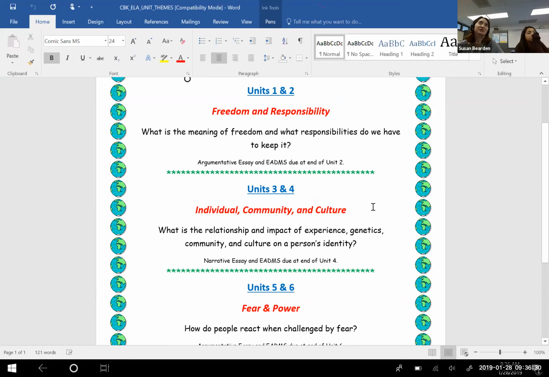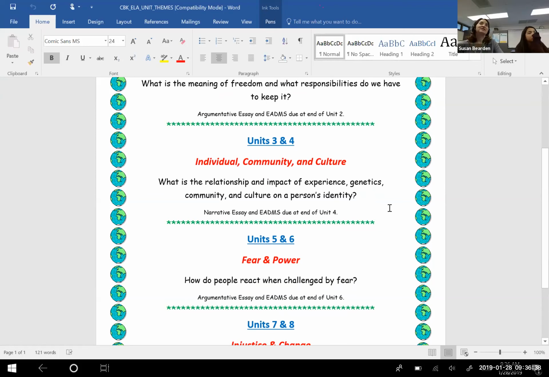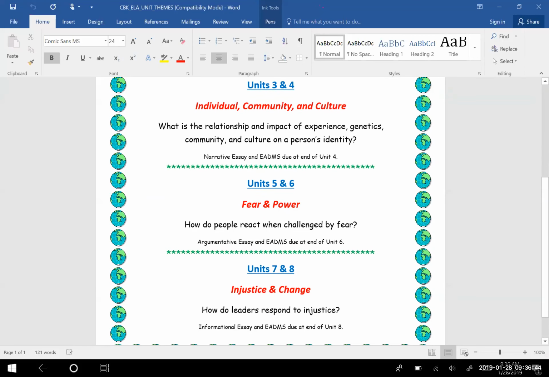If you're working on units 1 and 2, that topic would be freedom and responsibility. If you're working on units 3 and 4, you would choose the topic of individual, community, and culture. If you're working on units 5 and 6, that would be our fear and power topic. If you're working on units 7 and 8, that would be injustice and change.